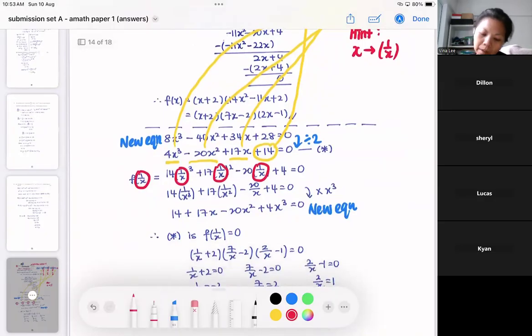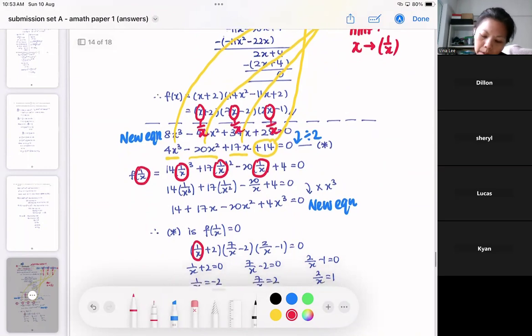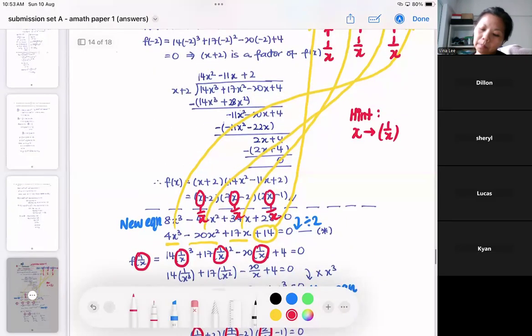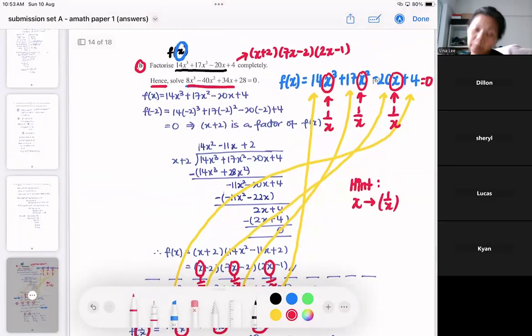So what does that mean? That means in your factorized answer, you also change it to 1 over x. So that is my way of doing it.